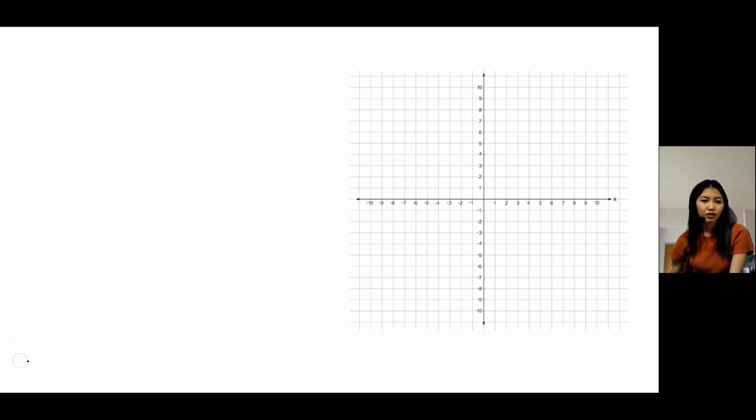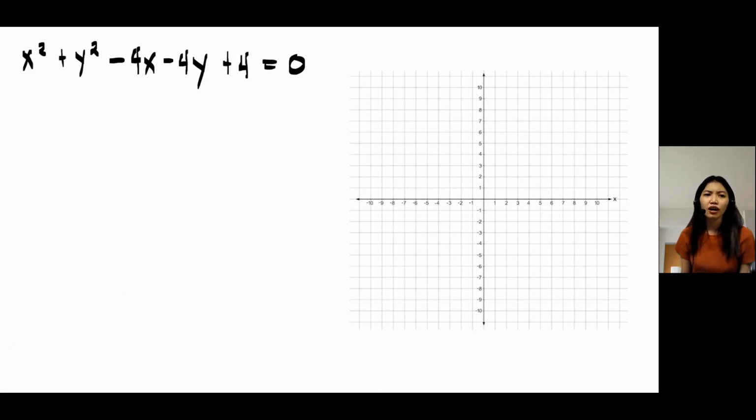Okay, another example. X squared plus y squared minus 4x minus 4y plus 4 is equal to 0. So what we are going to do is to transform this general form into standard form.